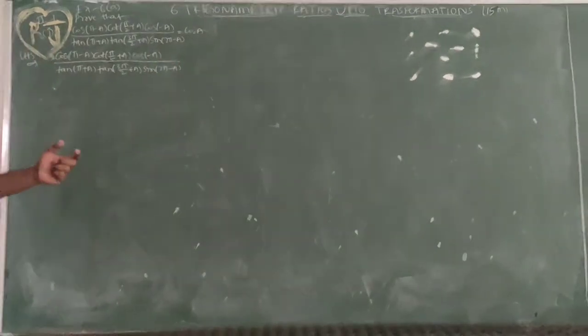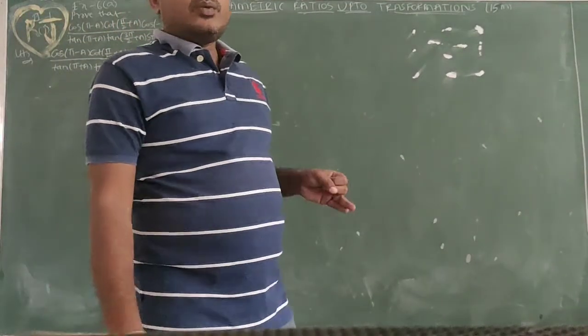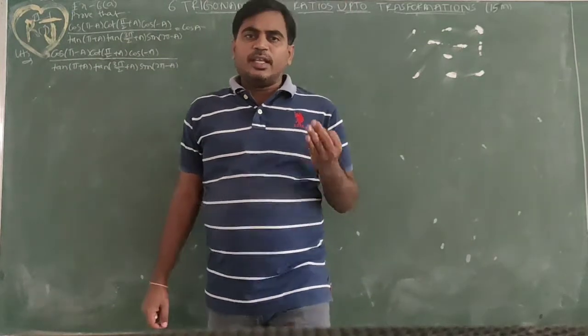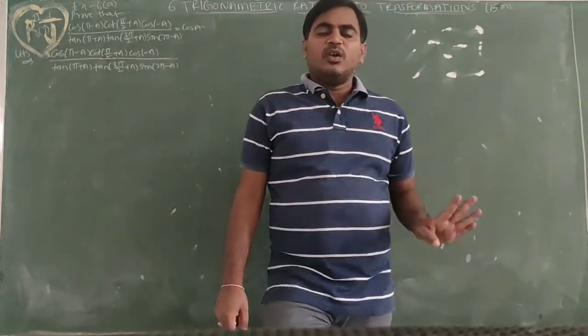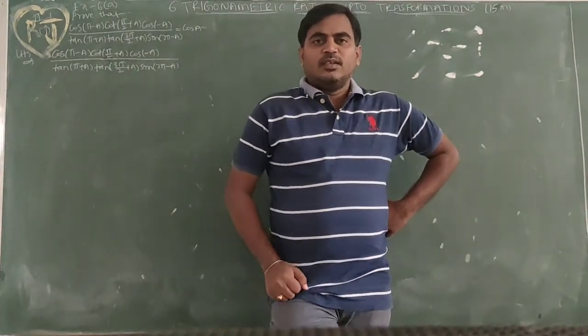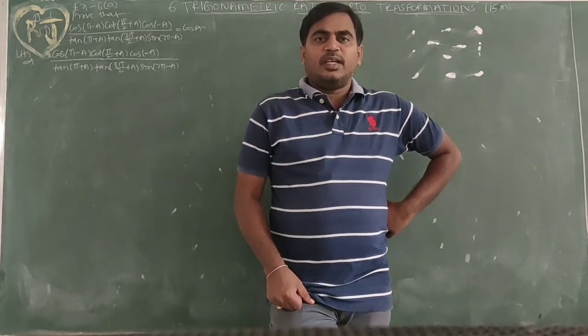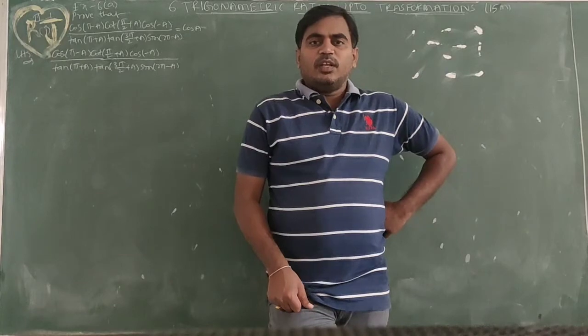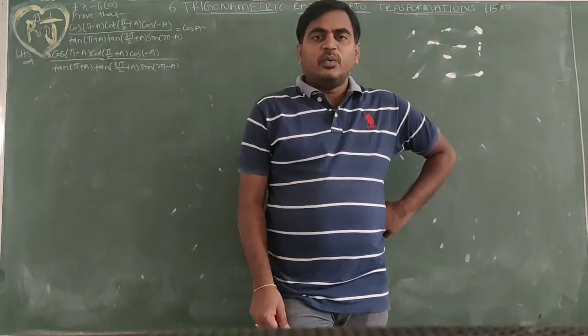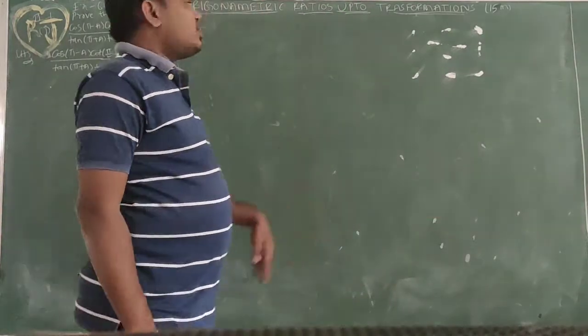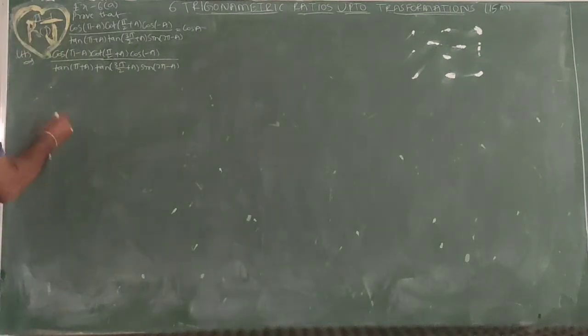So one thing we remember, pi by 2 equal to 90, pi equal to 180, 3 pi by 2 equal to 270, 2 pi equal to 360. Pi value 180, pi by 2 is 180 by 2, 90, 3 pi by 2 is 3 into 90, 270, 2 pi is 2 into 180, 360.